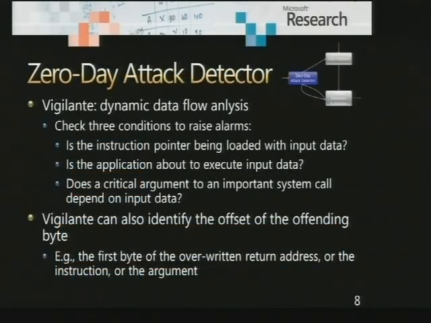So in the ShieldGen system, for the zero-day attack detector, we use a system called Vigilante. Actually, ShieldGen is not limited to using Vigilante. Anything that can be used to detect attack can be used here because it's just an oracle. Vigilante uses dynamic data flow analysis. It basically checks three conditions.